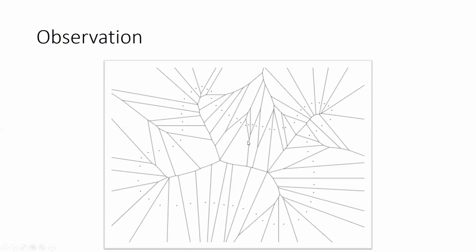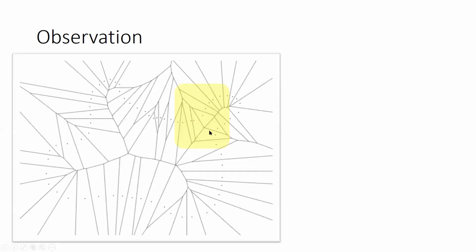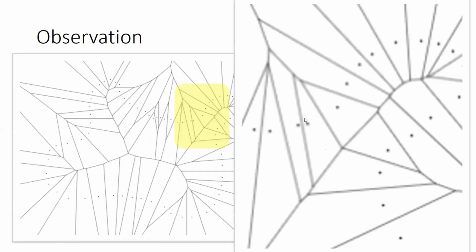Let's look at some observation inside a small area. Let's zoom in on this yellow area. See, for example, this Voronoi cell, which is the Voronoi cell of this point over here. And this point actually has a lot of freedom of connection. This is the sharing between the neighborhood.